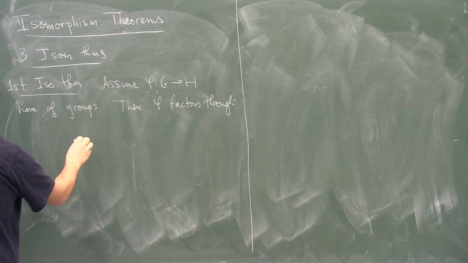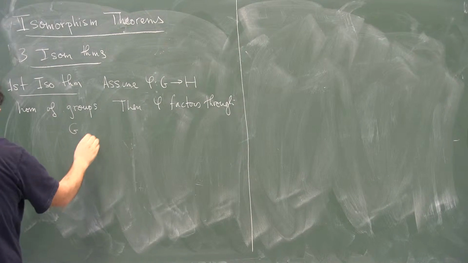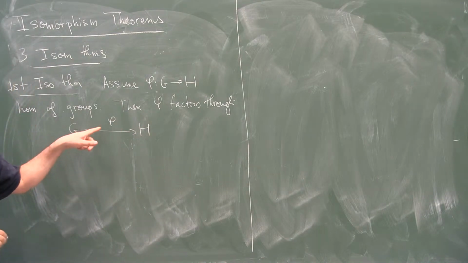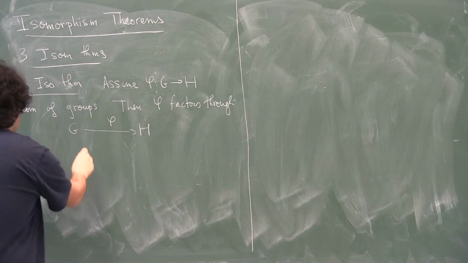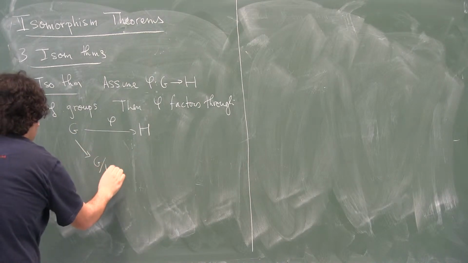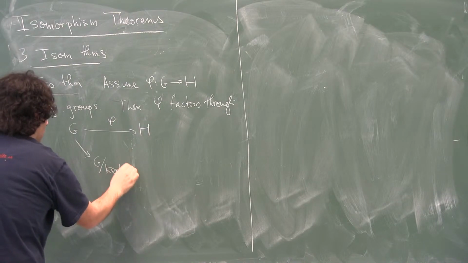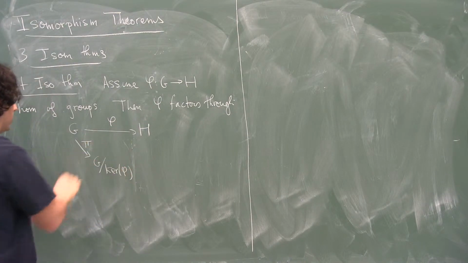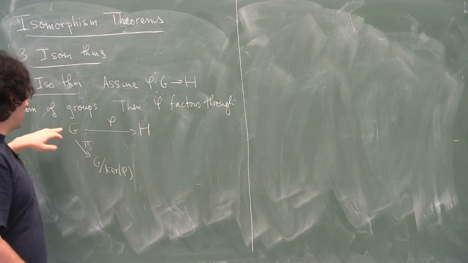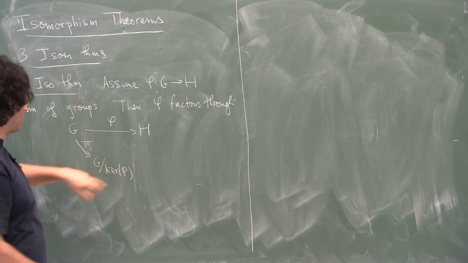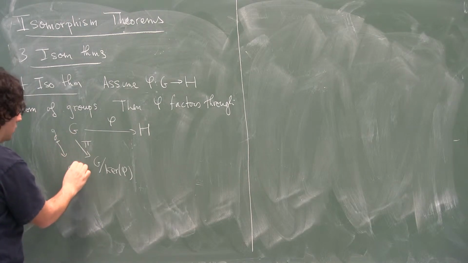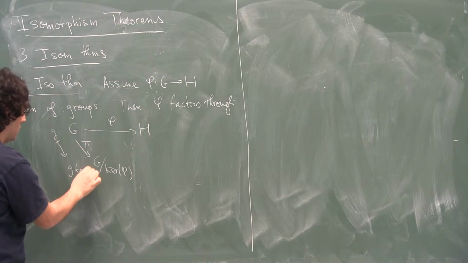So we have the following diagram, G to H by phi, that's what we have by hypothesis. I claim there's a factorization through G modulo the kernel of phi. Here I have the projection, right? Anytime I have a quotient of a group, I have a projection that's taking G to the coset G kernel of phi.